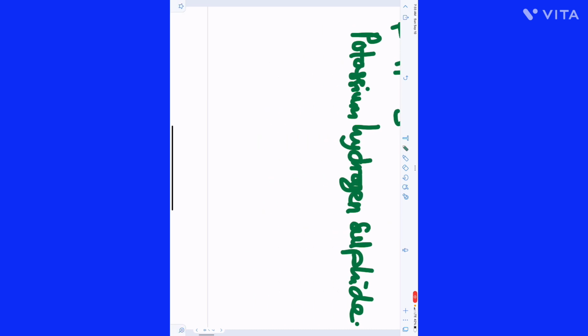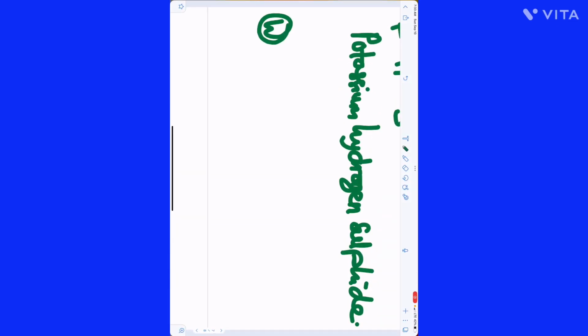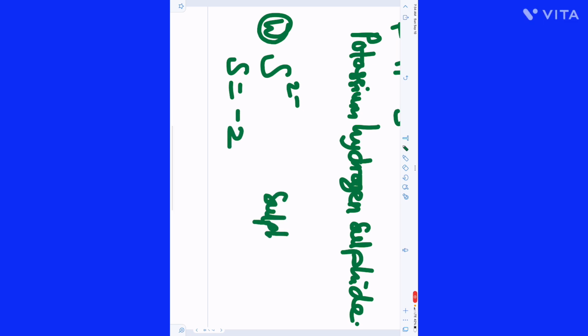Next is question H. S2 minus. The oxidation number of sulfur in S2 minus is -2. We call this a sulfide ion. So that's pretty straightforward.